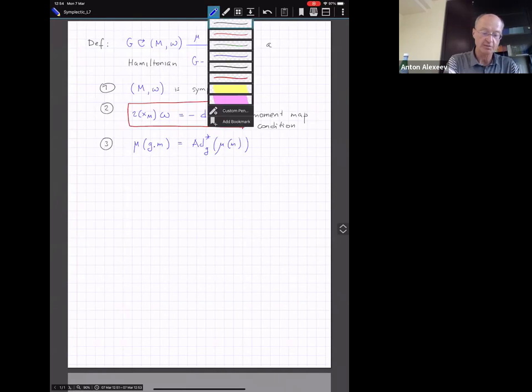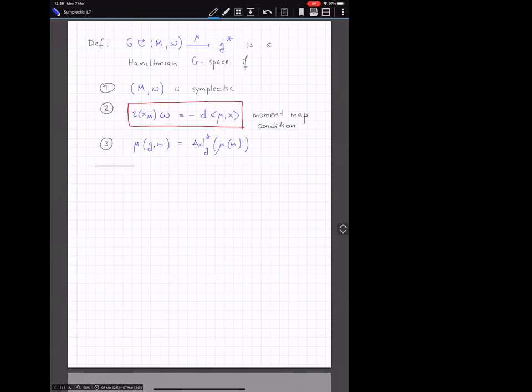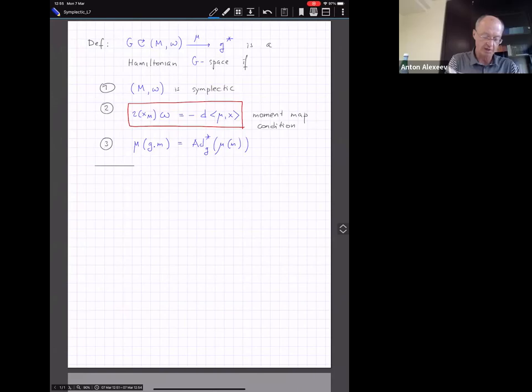So now, before going to new material, I had some homework in which I have not quite succeeded. There was a question: what are the obstructions for existence of symplectic or Hamiltonian S1 actions?